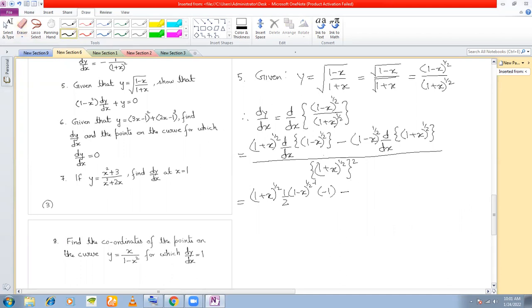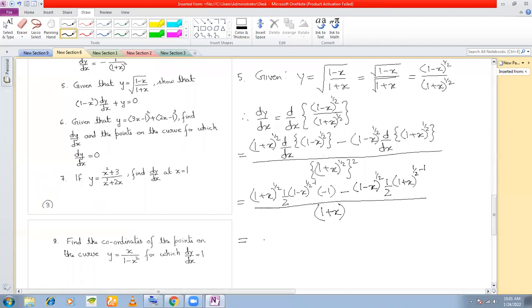Minus, we have (1 minus x) to the power of half. And similarly here you differentiate, you get half into (1 plus x) to the power of half minus 1 into the coefficient of x, which is simply 1. We don't write that. Divided by 1 plus x. Now we just need to simplify this a little.